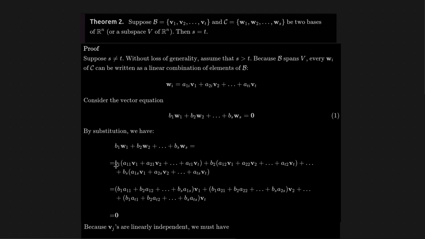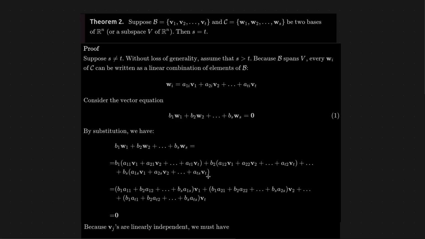And all of those are multiplied by v1, which I factored out. And then I can do the same thing again for v2: b1a21v2, b2a22v2, and so on. I'm just combining like terms and then factoring out the common vector.